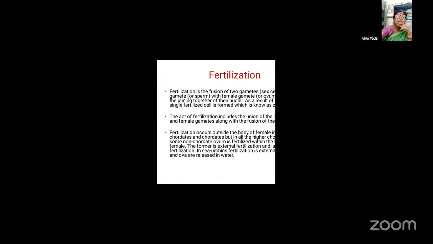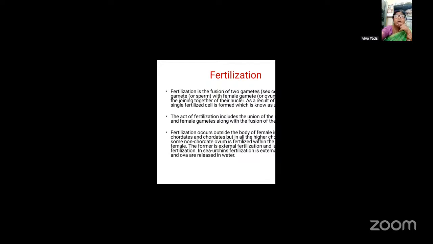So fertilization is what? Fertilization is nothing but the fusion of the two gametes, that is the sex cells. One is called a male gamete, that is a sperm, with the female gamete, that is an ovum, followed by the joining together of the nuclei. So as a result of fertilization, a single fertilized cell is formed, which is known as a zygote.